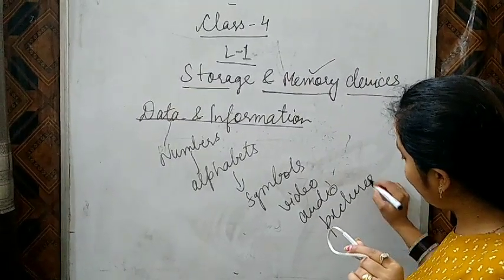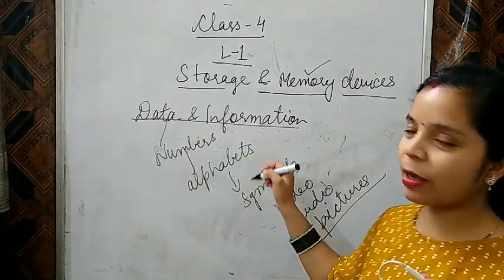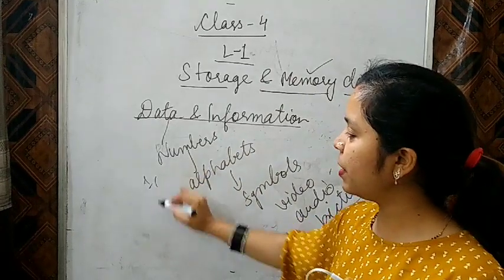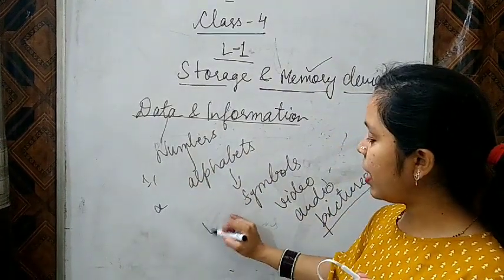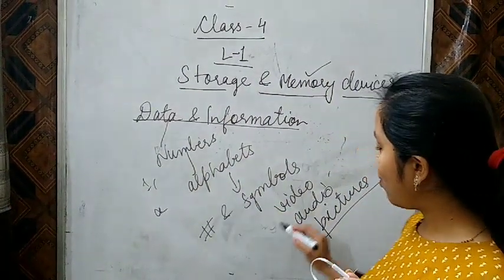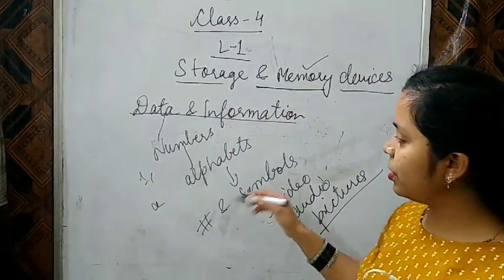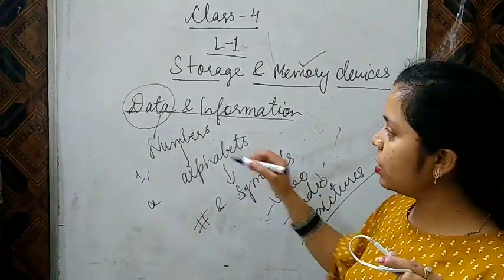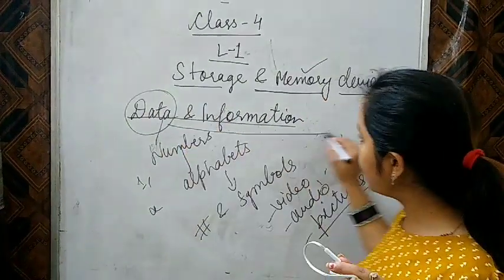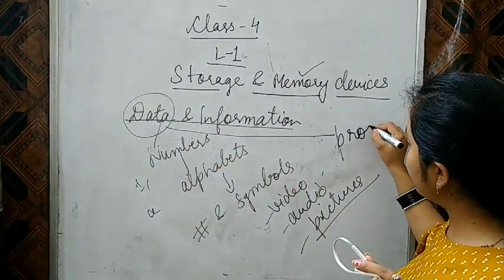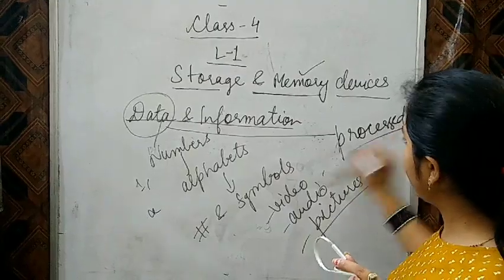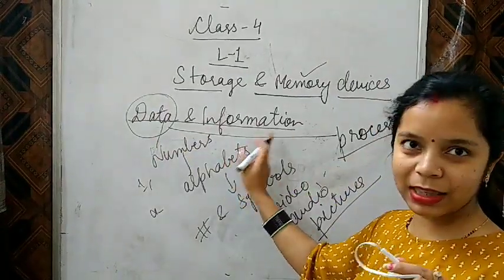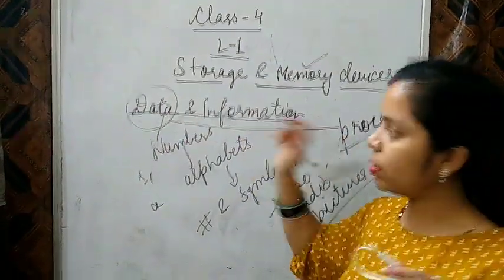So whatever information we store in the computer, that can be in the form of numbers, alphabets, any kind of symbols, or video, audio, or pictures, this all is known as data. And what is information? The processed form of data is called information. When the data is processed, that becomes the information.